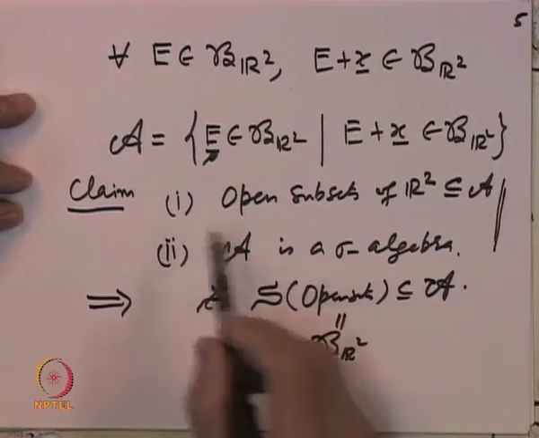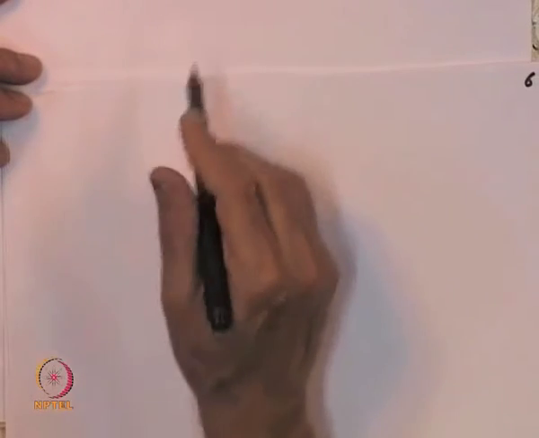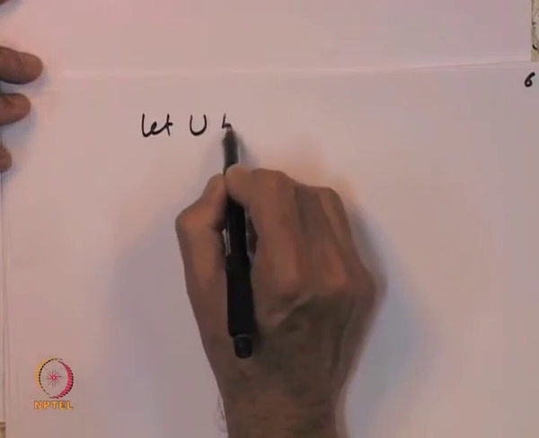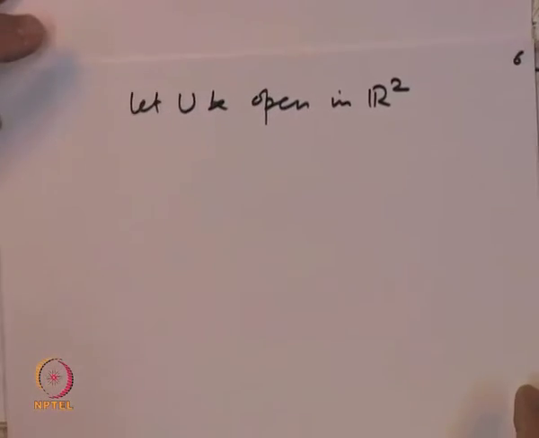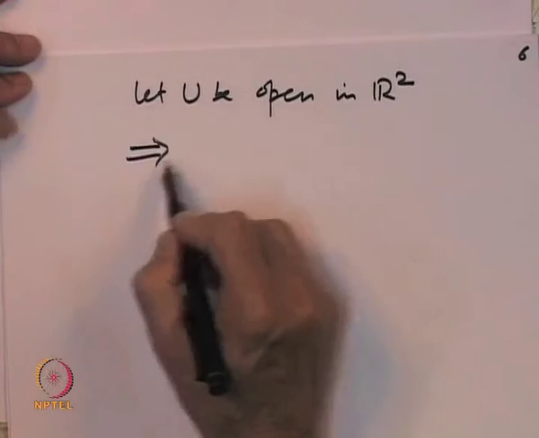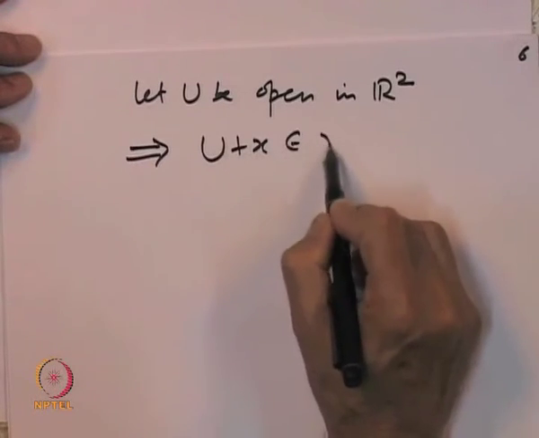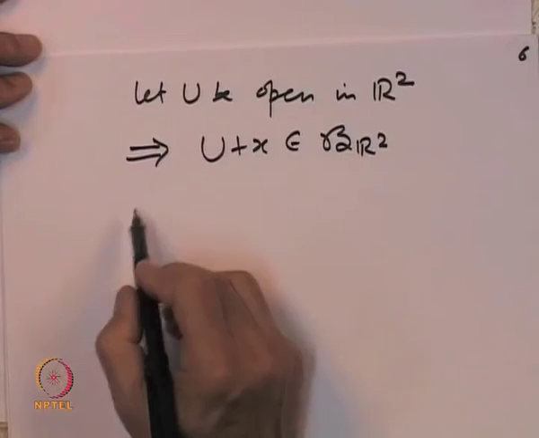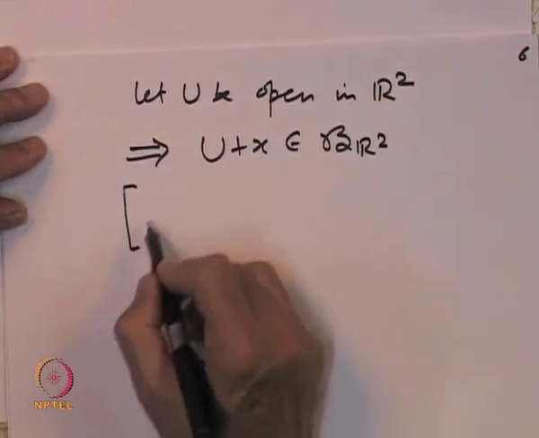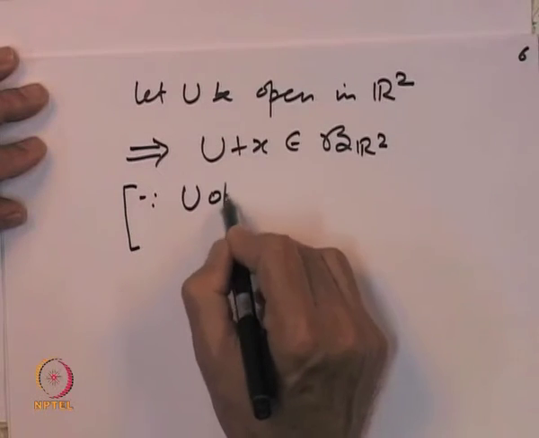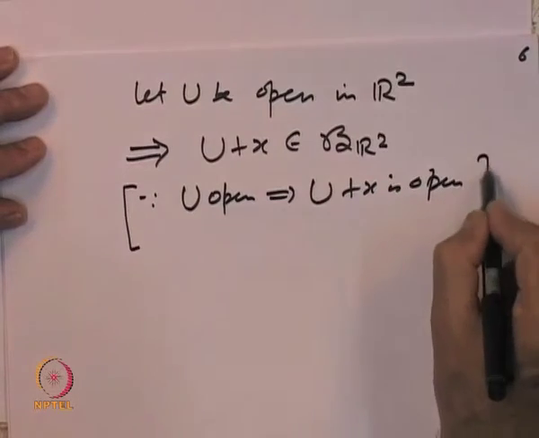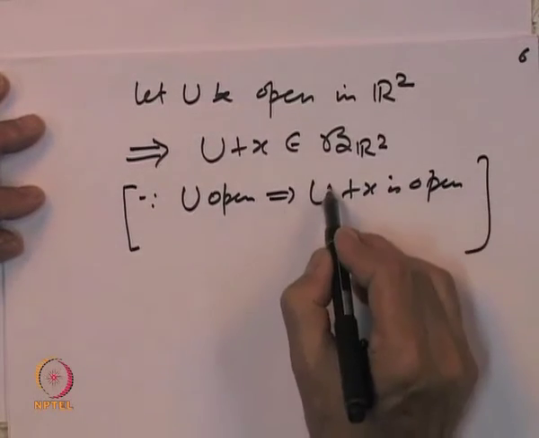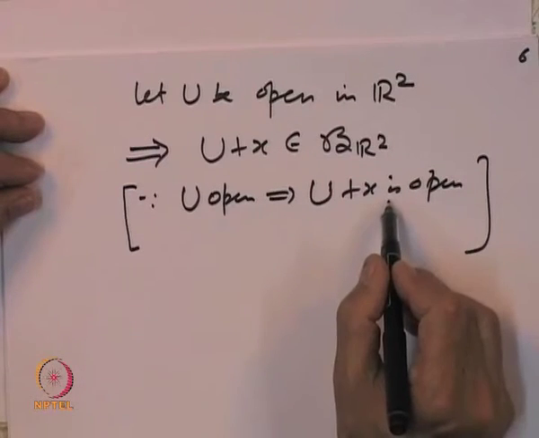To prove the first fact, let U be open in R 2. We want to show that this implies U plus x belongs to B R 2, and this follows because if U is open, then U plus x is open. That is a simple fact. How do we show that U plus x is open?